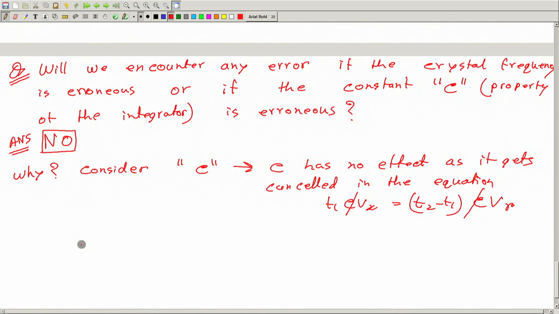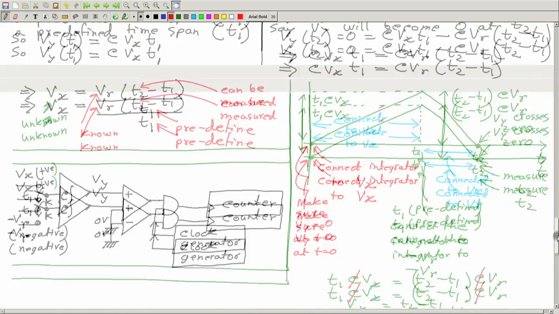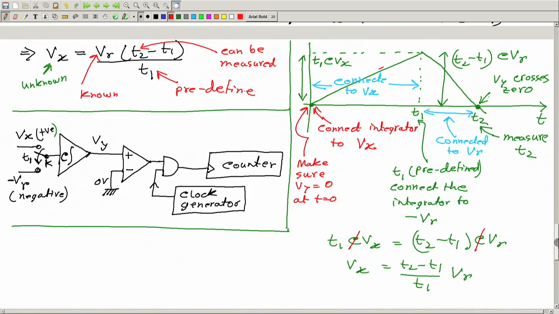Now, consider the crystal frequency. What is the role of the frequency of this clock generator? We do not have this frequency in any of these expressions.